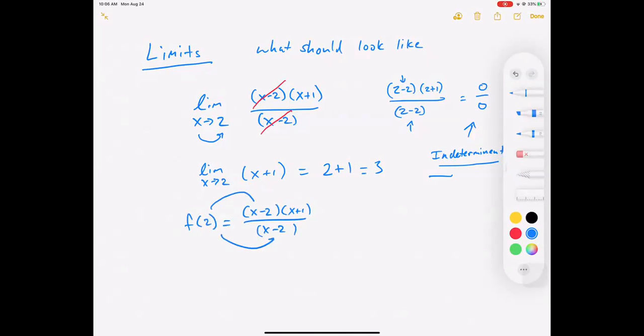By plugging in 2 here, we would end up with indeterminate. But when I write it as a limit, it's not what it is. This is what it should have looked like. That's the big difference.